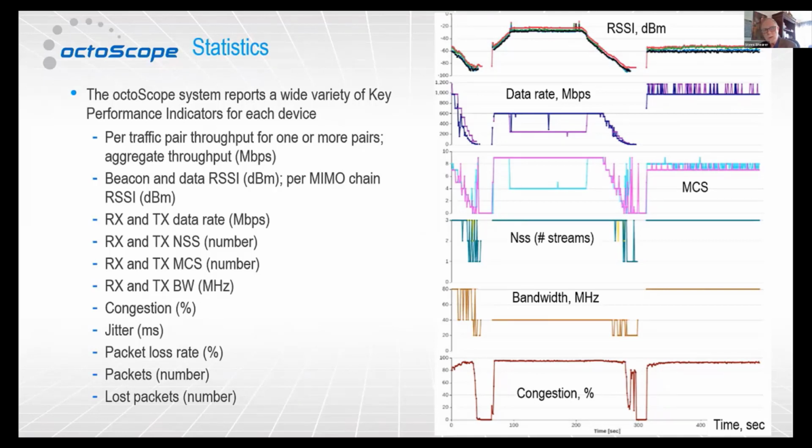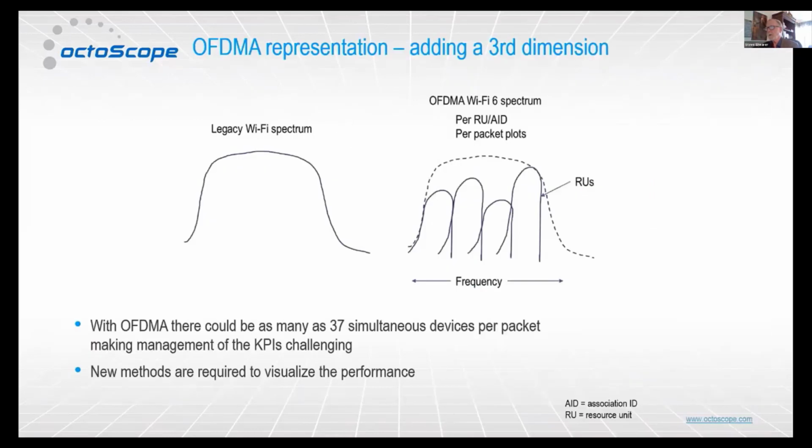We can extract it and look at it later. We can post-process it. A lot of interesting information is captured in there. But I'd like you to give some thought about what all that information looks like when we have 37 simultaneous devices.